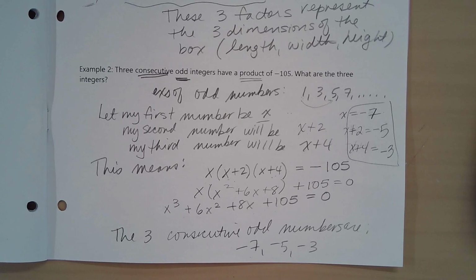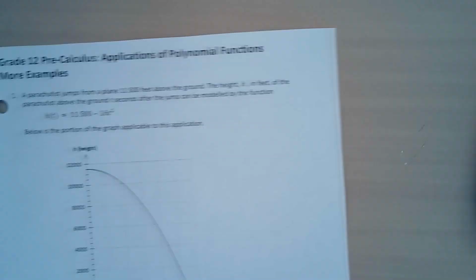So when you look at the first graph we give you, I want you to look at 2 things. First, it says applications of polynomial functions. The first thing it gives us is an equation, right? In f of x form, except we're using h and t.